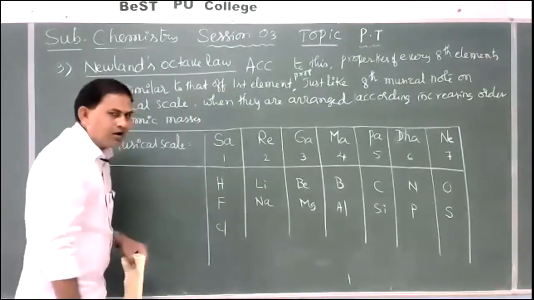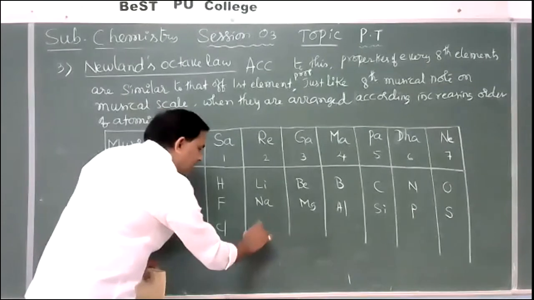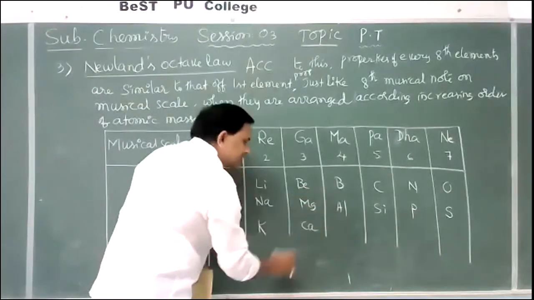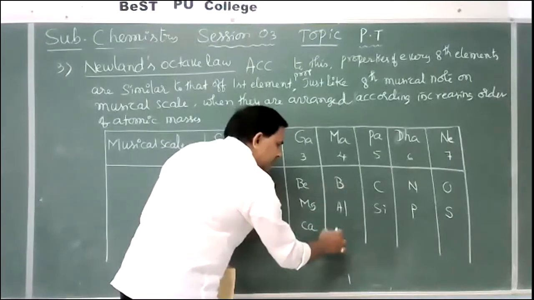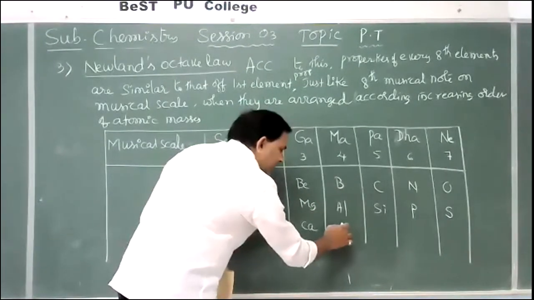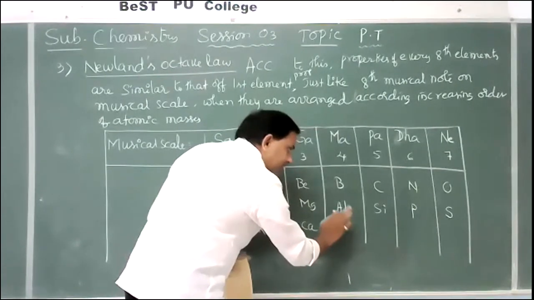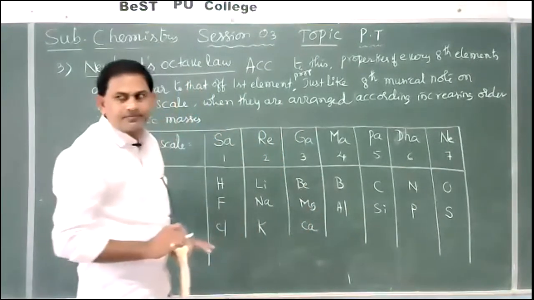There is no argon; it is potassium, then beryllium, magnesium, calcium. Boron, aluminium, then it starts again, originally gallium, but it is not there.